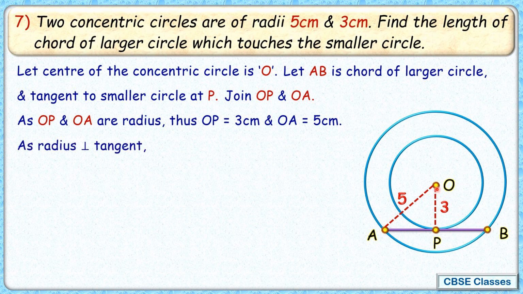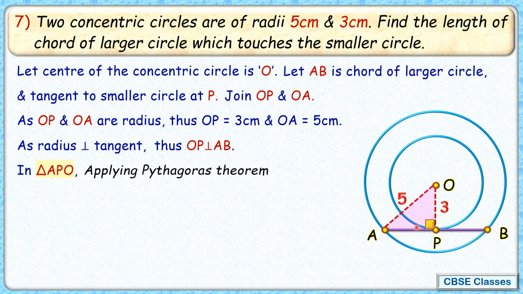So we can say here OP is perpendicular to AB और ये जो एंगल है at point P, this is of 90 degree.